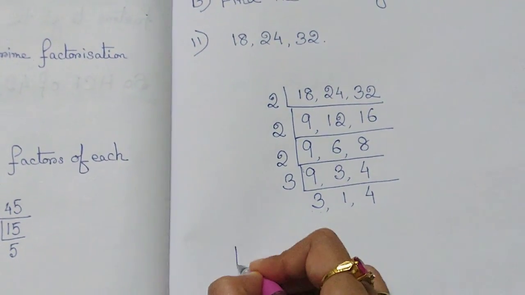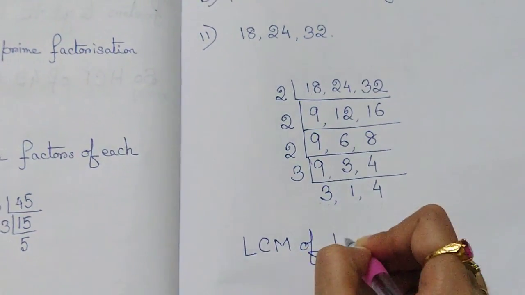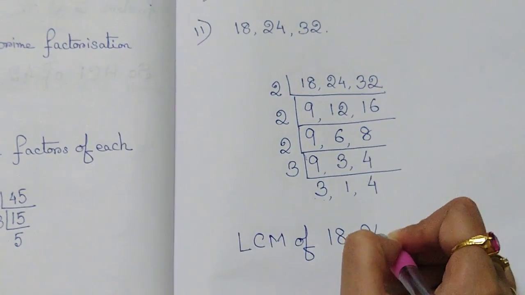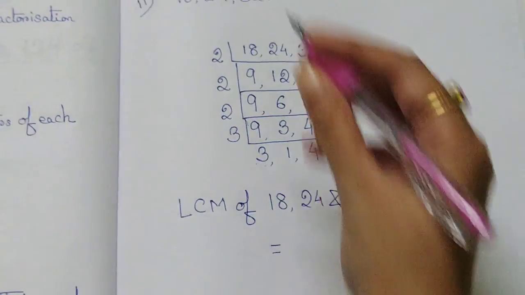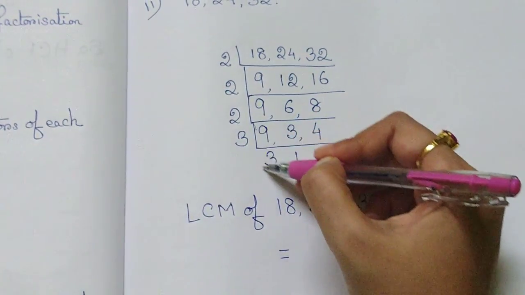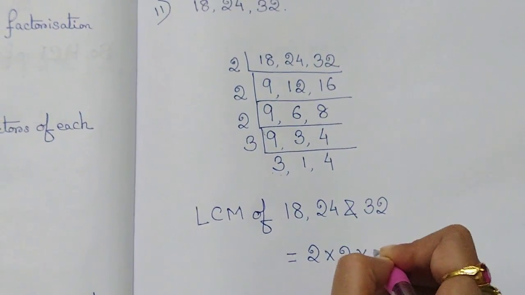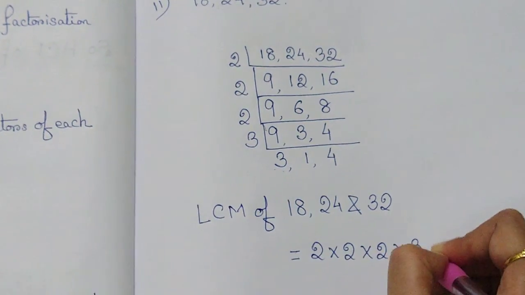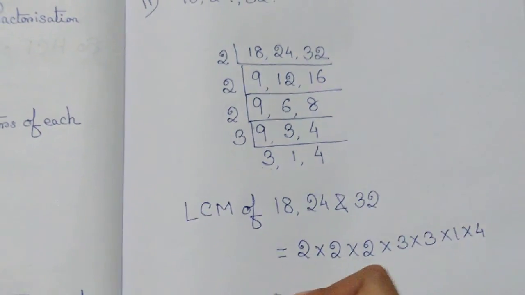Now the LCM of 18, 24 and 32 is equal to, I need to multiply all these factors, that is 2 into 2 into 2 into 3 into 3 into 1 into 4.